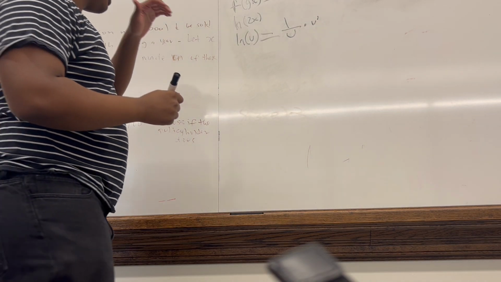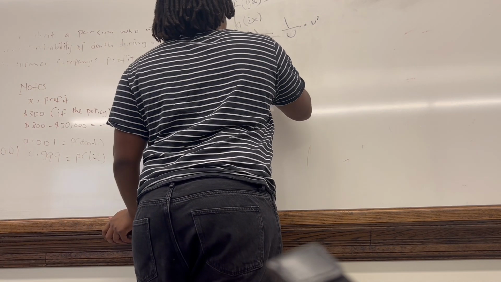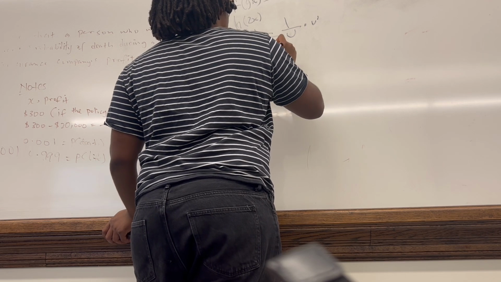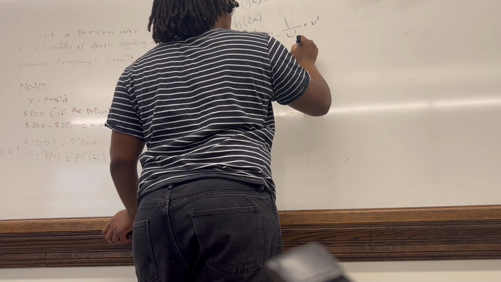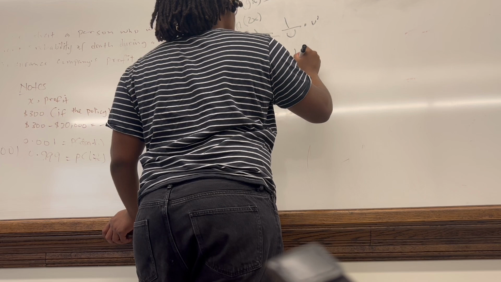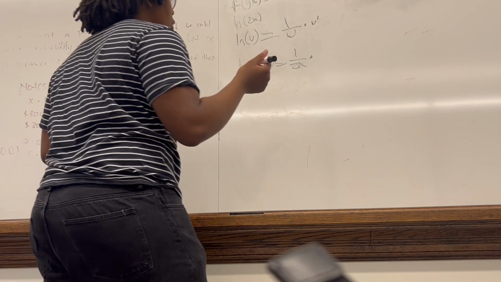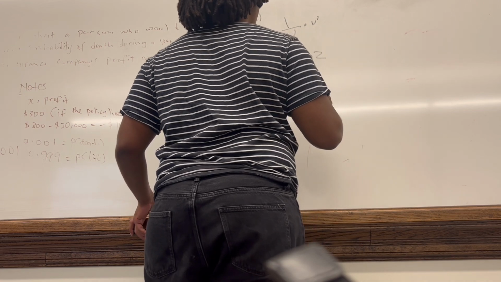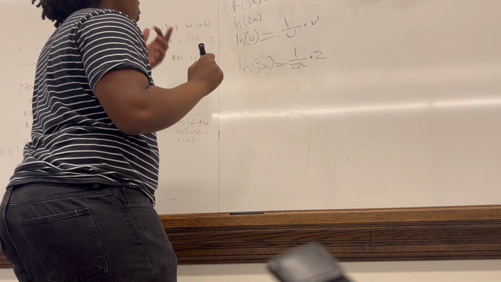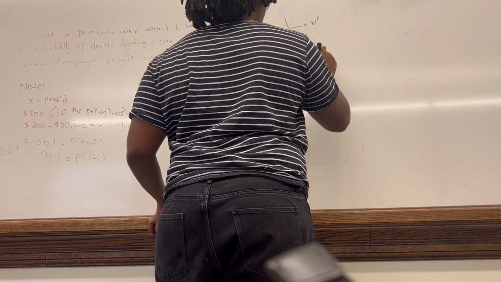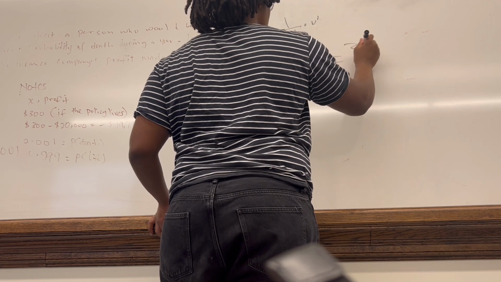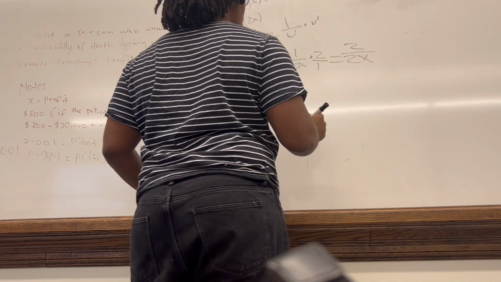For a problem like this, it would be 1 over 2x, but then the derivative of 2x is just 2. So you multiply that, which would equal 2 over 2x.